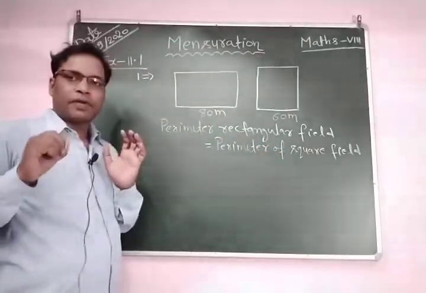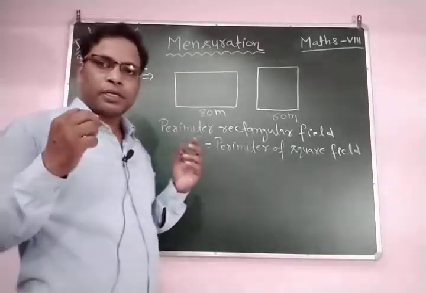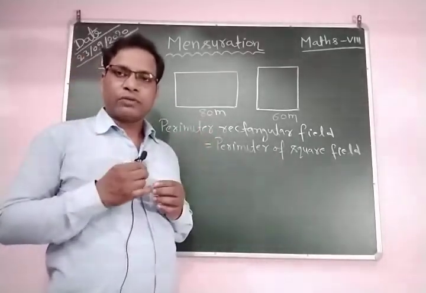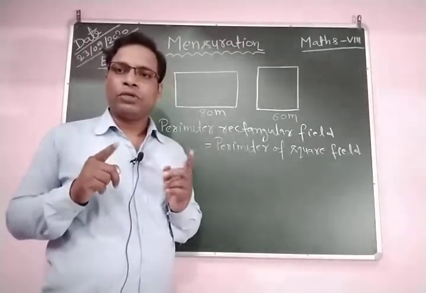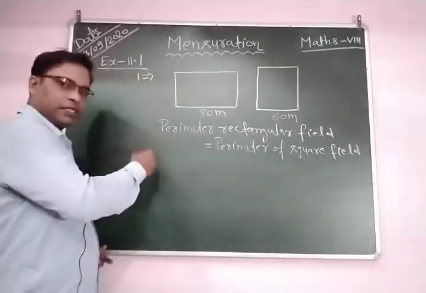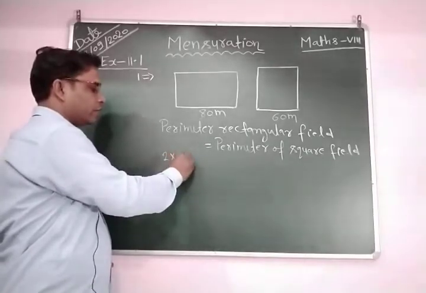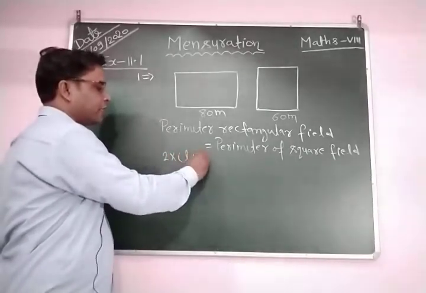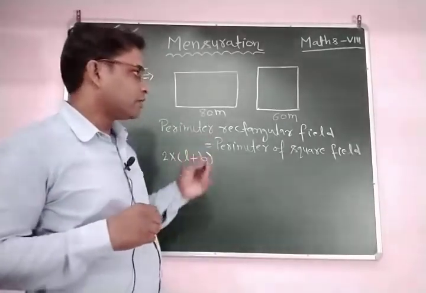And you know how to find the perimeter of a rectangular field. What is the formula for the perimeter of a rectangle? It is equal to 2 into (length plus breadth). So we can write 2 into (L plus B), where L represents the length and B represents the breadth of the rectangular field.